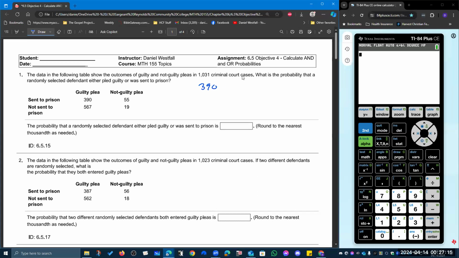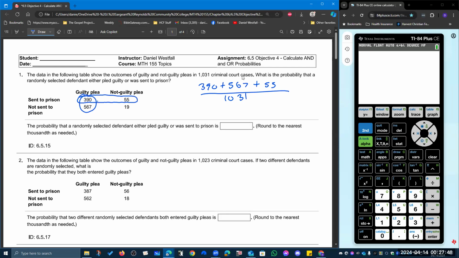You have 390 plus 567 plus 55 over the total of 1,031. So let me break that down here. We have this row that we're interested in here, but I don't want to count that overlapping event twice.